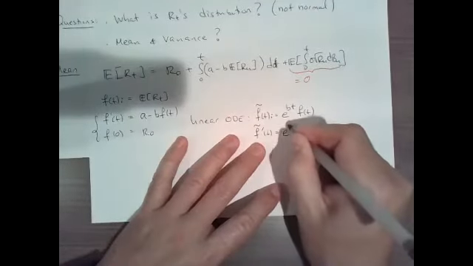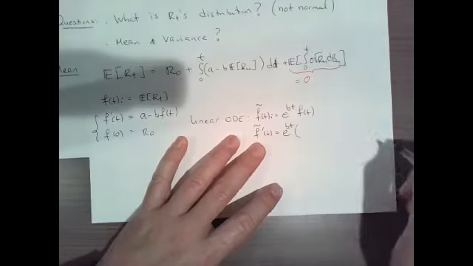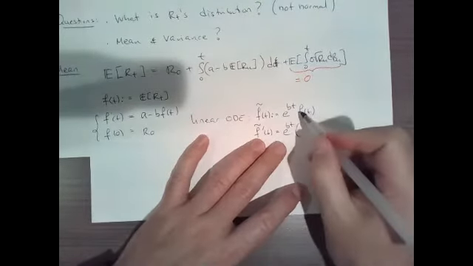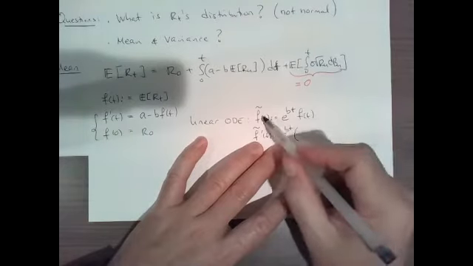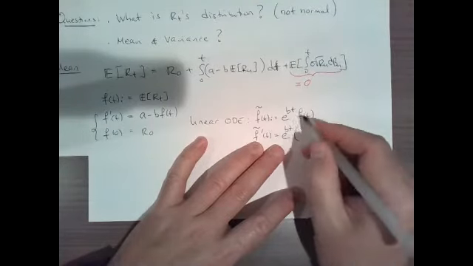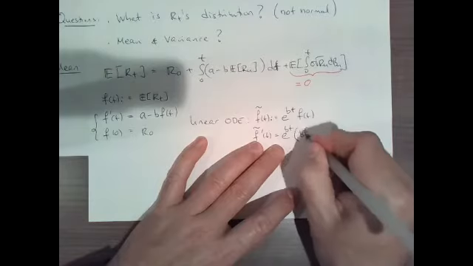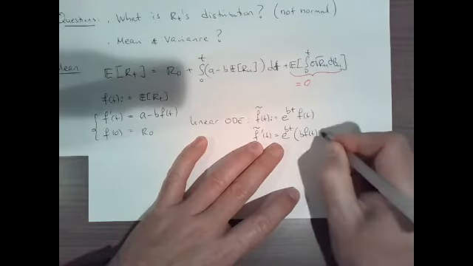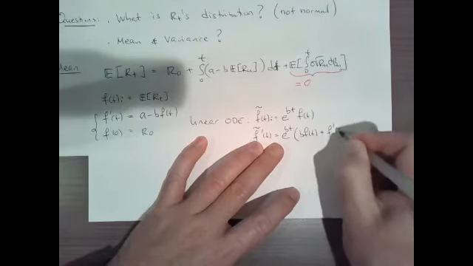This is e to the bt times, using the product rule, since there's nothing random about f tilde, we just use the old product rule, b f of t plus f prime of t.